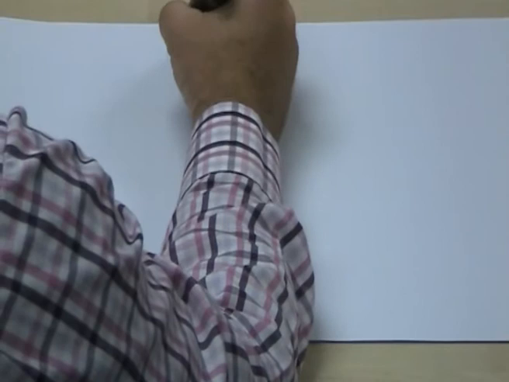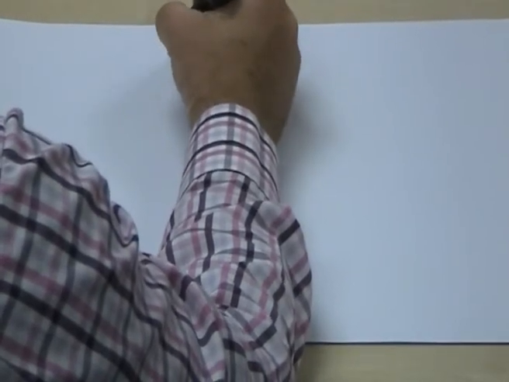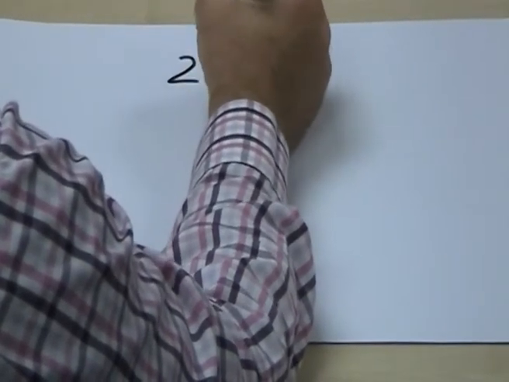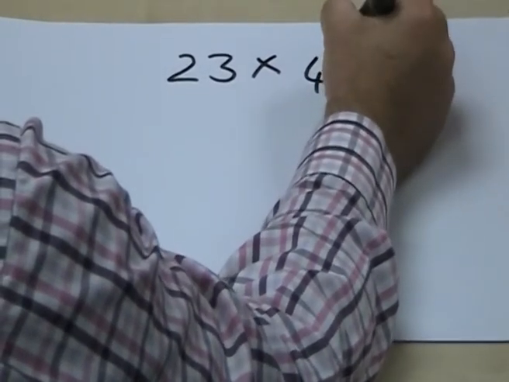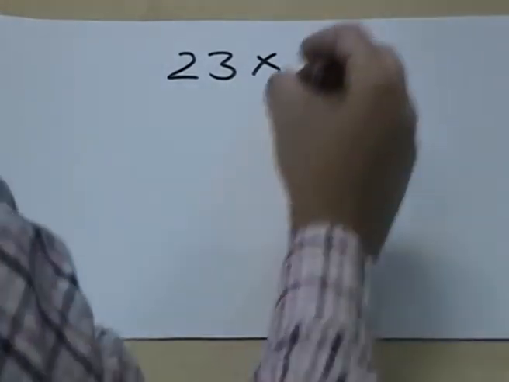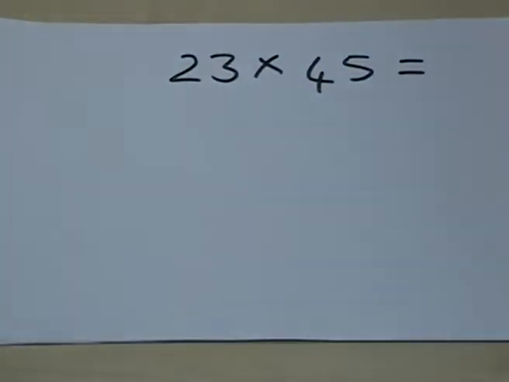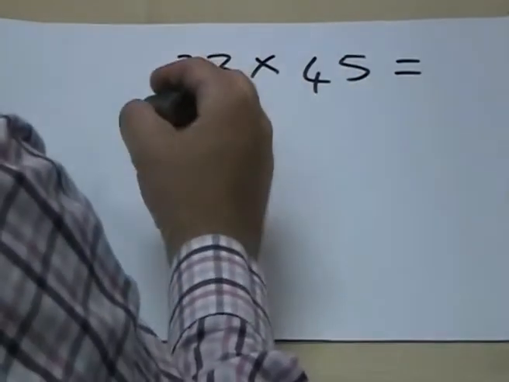Let's give you a two-digit number to practice with. So pause the video and turn it on when you're ready to continue. Okay, let's have a look.